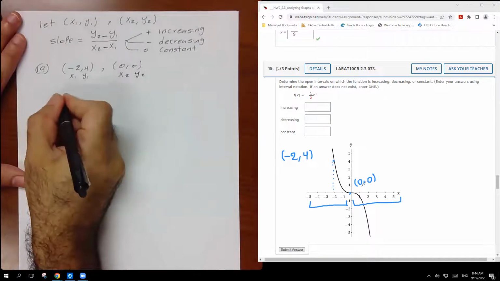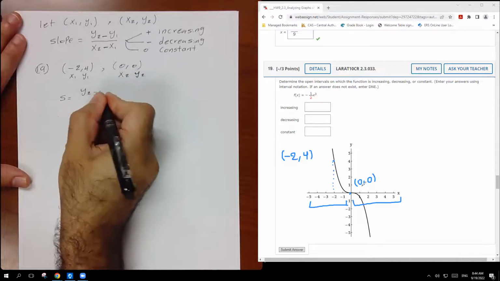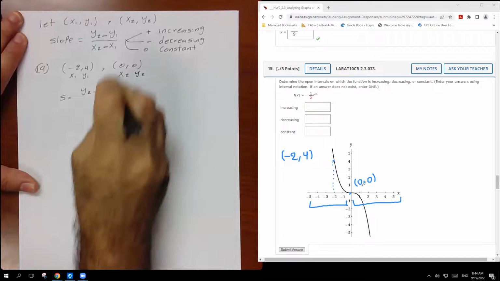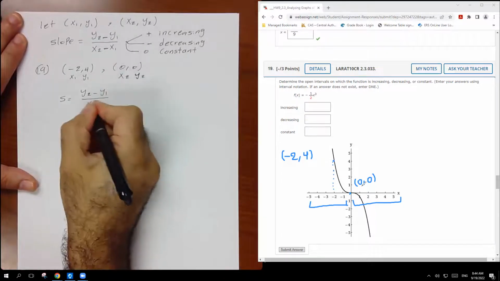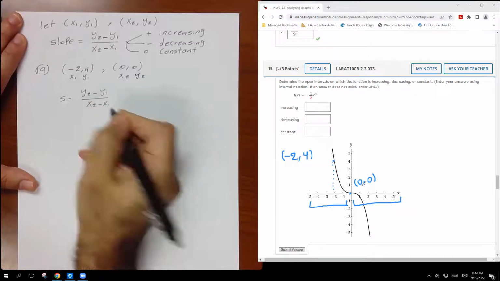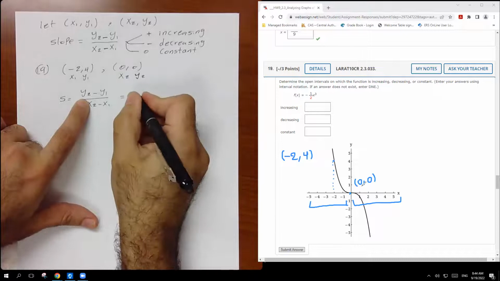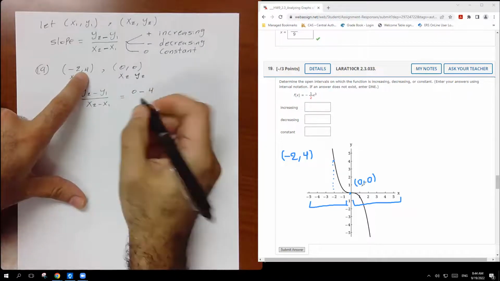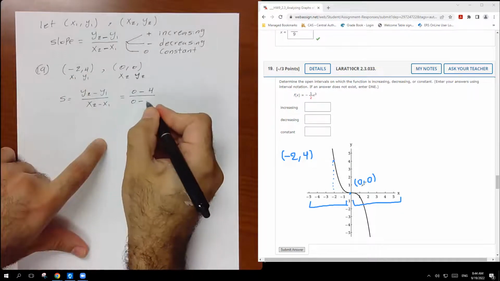So the slope is going to be y2 minus y1 over x2 minus x1. Which is going to be y2 is 0 minus y1 is 4 over x2 is 0 minus x1.